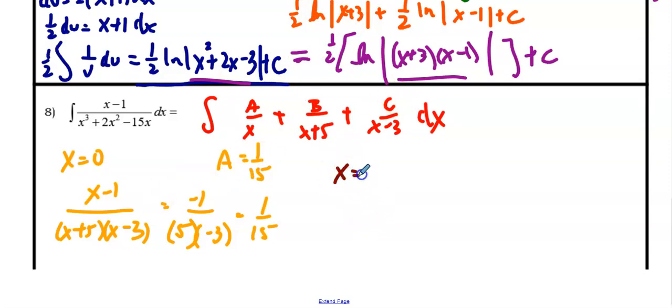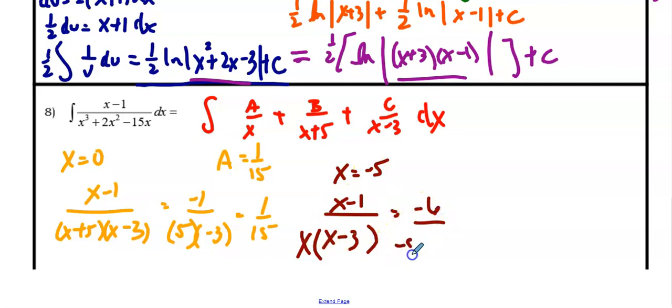So for b, x is going to be equal to negative 5. We set this equal to 0, we get negative 5. We plug into our equation here, with every term except for x plus 5, and we get negative 5 minus 1, which is negative 6.